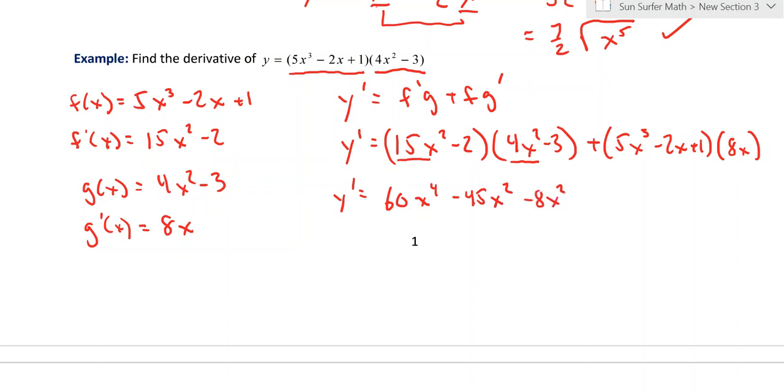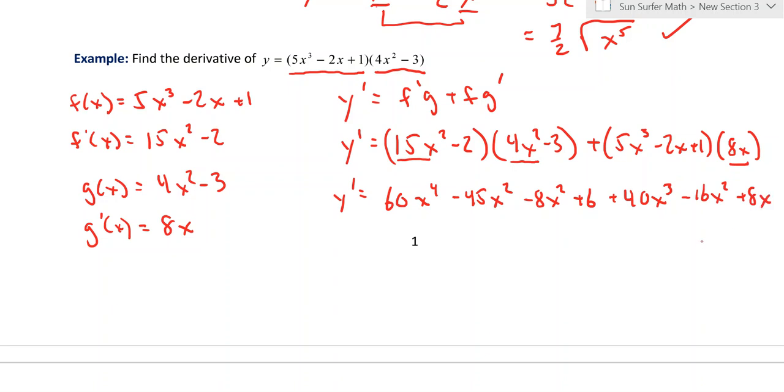And then minus 2 times minus 3 is 6. Now I need to multiply the 8x times each term in this trinomial. So 8x times 5x cubed is going to be 40x cubed. 8x times a minus 2x is minus 16x squared. 8x times 1 is 8x.